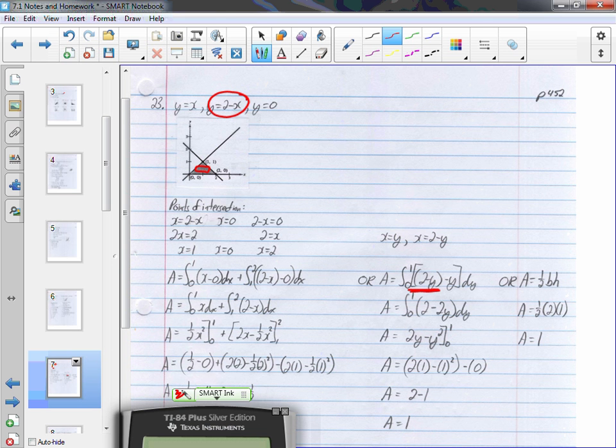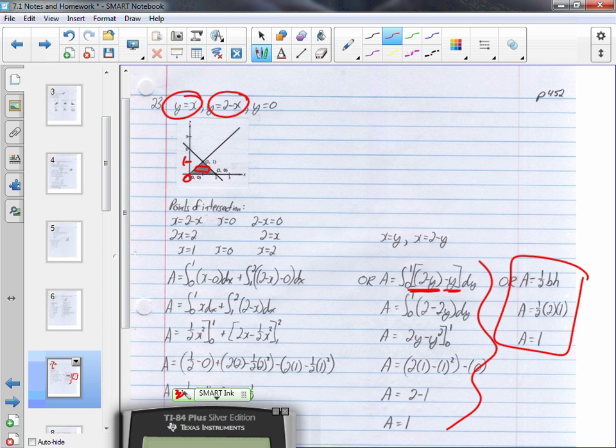The curve on the left is always this one, just consider it a function of y. Your limits of integration need to be the y coordinates, so 0 here, 1 here. Works out quite nicely. And then, of course, the easiest way, geometry. So the easiest calculus way is to do them as functions of y.